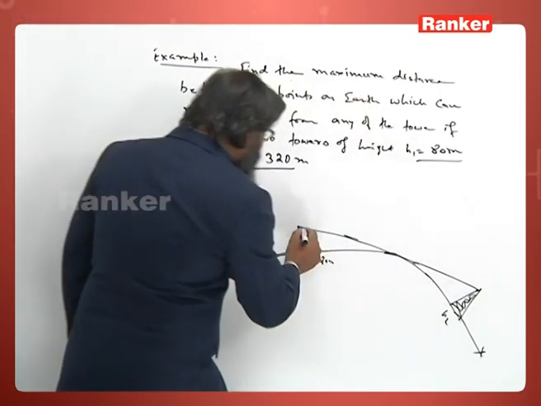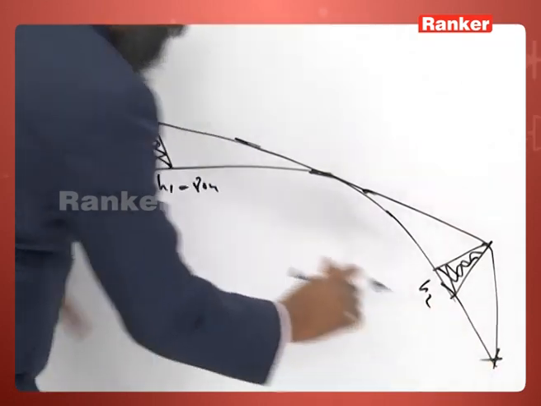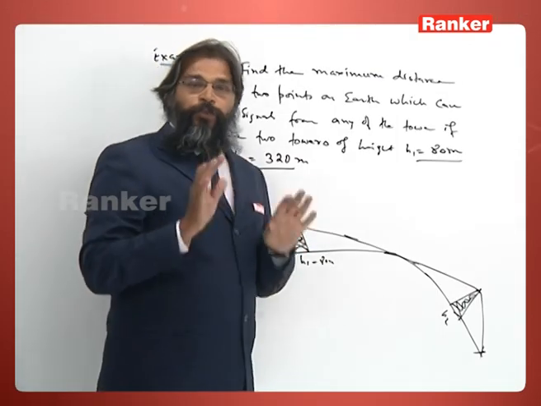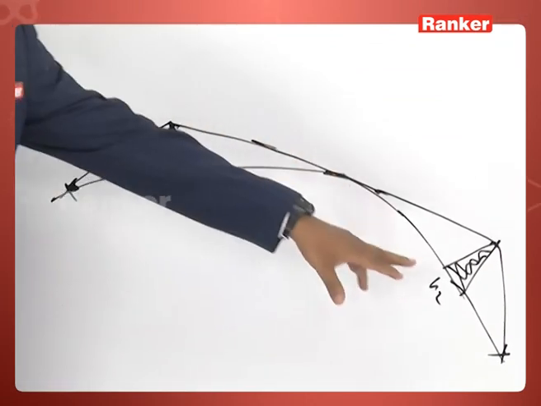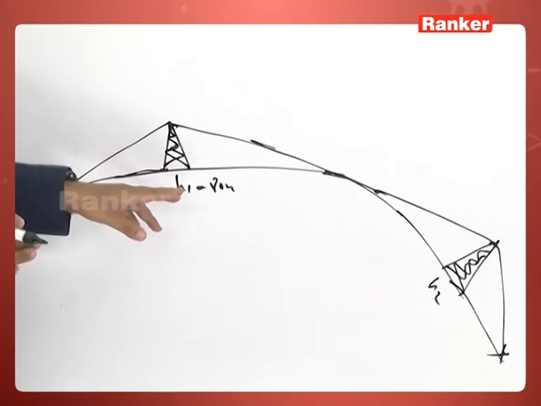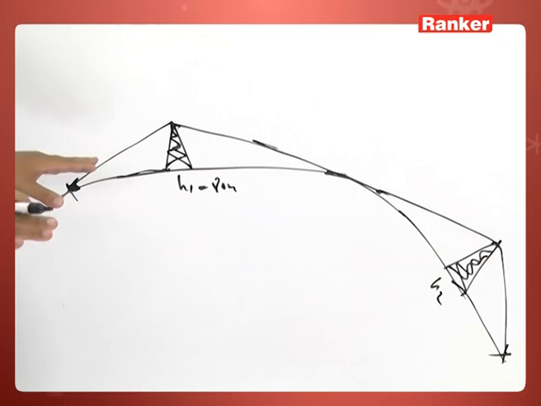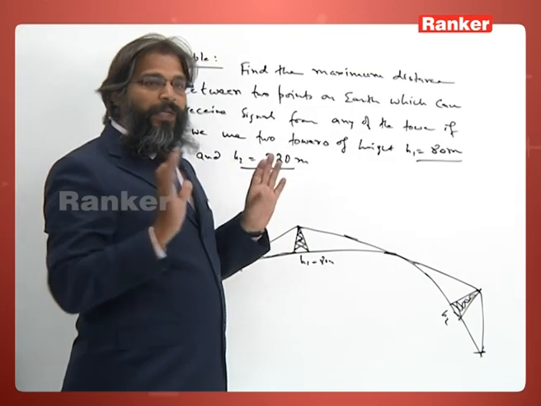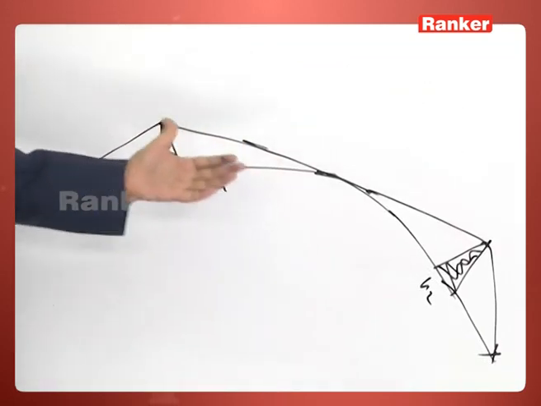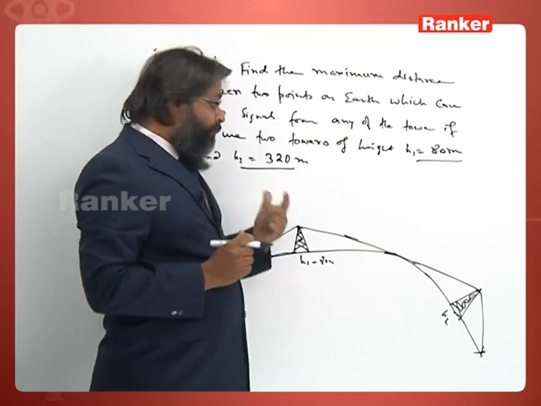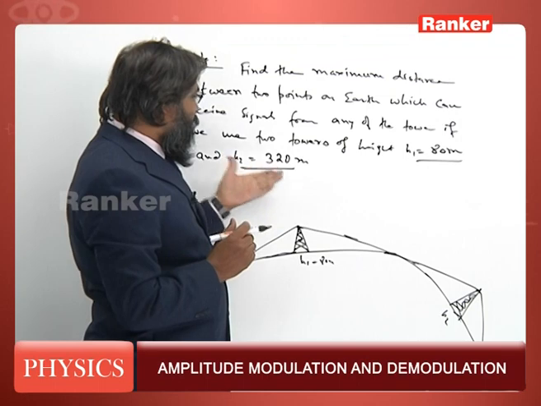Suppose this tower can cater people in this region and this tower in that region. What is the farthest distance between 2 points where signal can be transmitted with the help of these two towers? We are using these two towers to extend the range to the maximum possible. So the question is, what is the maximum possible range that can be achieved by using two towers, one with a height of 80 meters and another with a height of 320 meters?